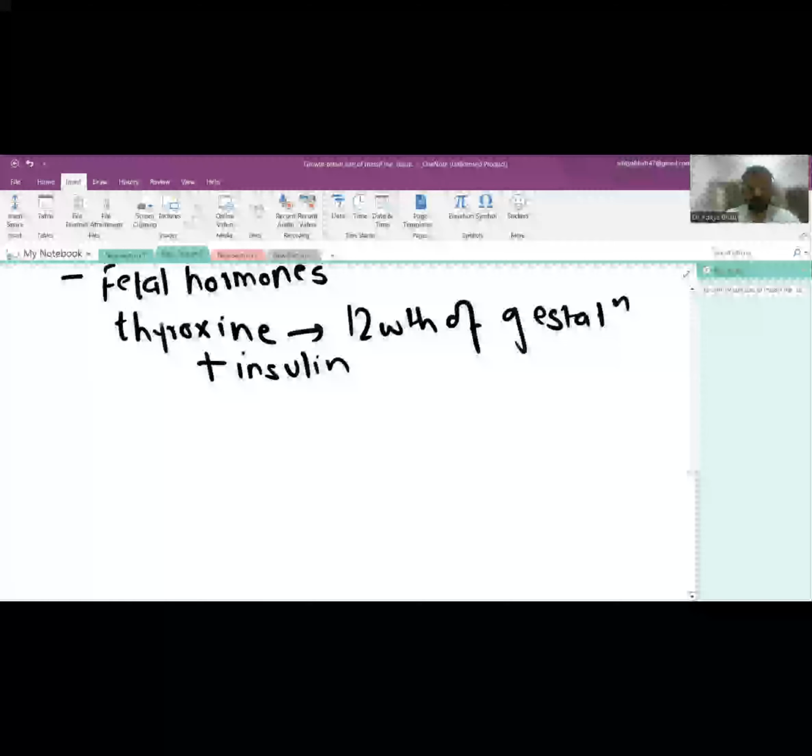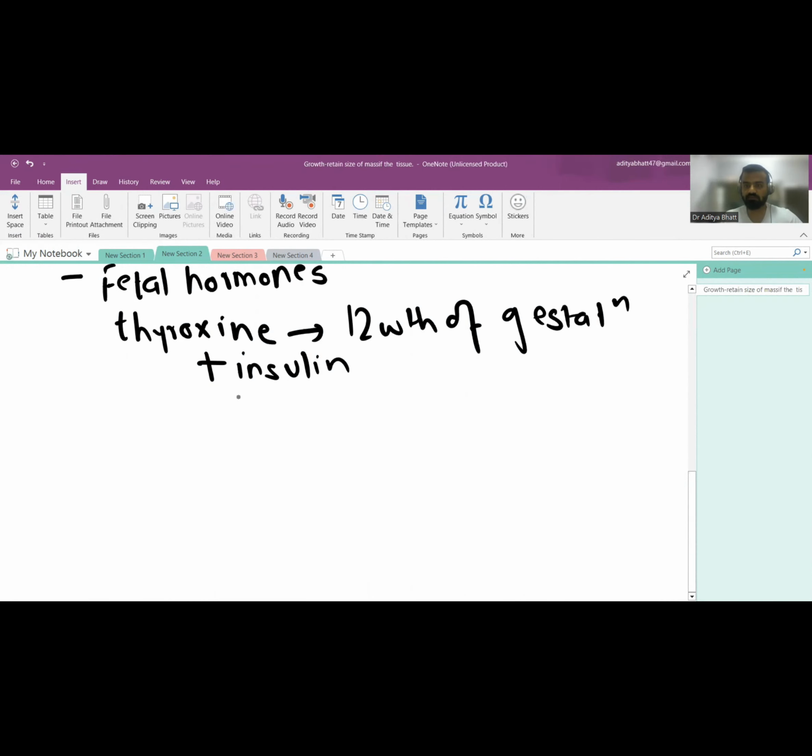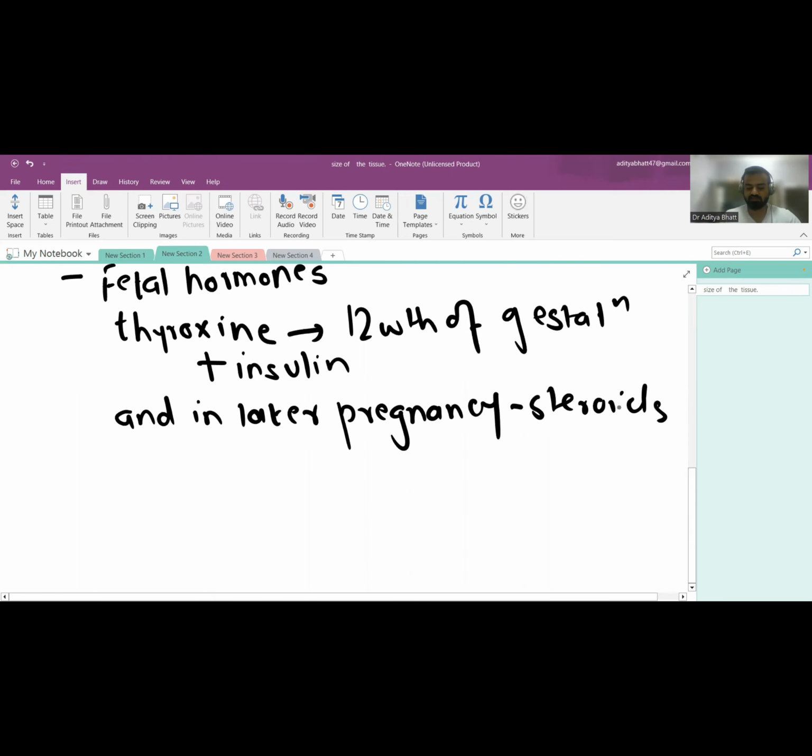These are two important hormones for the growth of children. In later pregnancy, steroids also have a role. So we see three important hormones, 1, 2, and 3, which have a significant role in fetal growth.